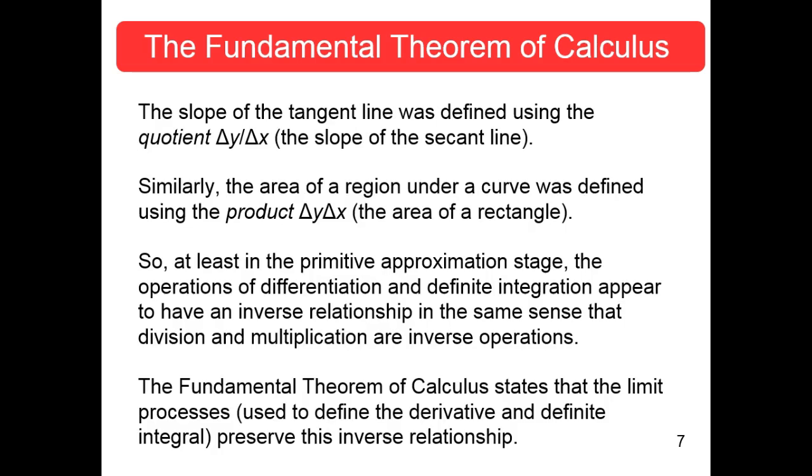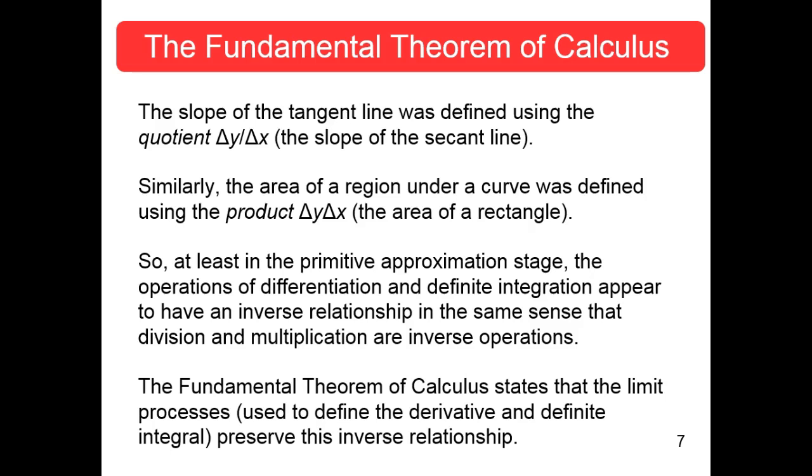The slope of the tangent line was defined using the quotient delta y over delta x, slope of the secant line, letting the delta x get smaller and smaller and smaller. Similarly, the area of the region under the curve is defined using the product of delta y times delta x. And maybe this is what they're getting at. Just like division and multiplication are inverse operations, so are these. A little bit of a stretch, but maybe that's what they're saying.